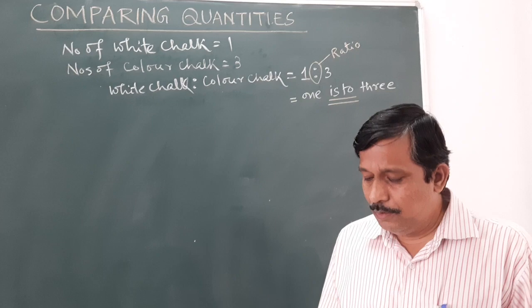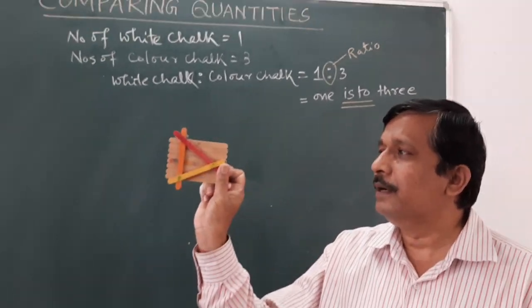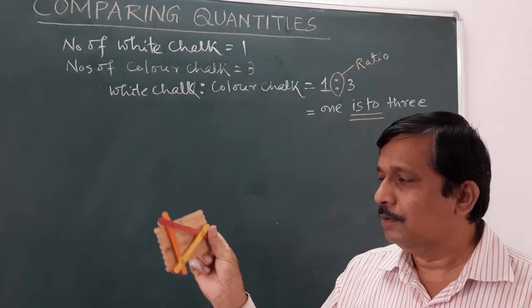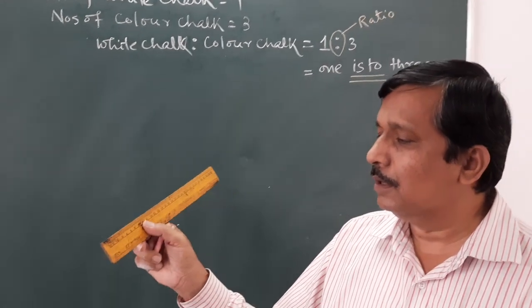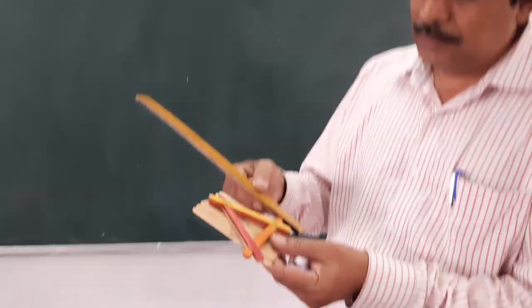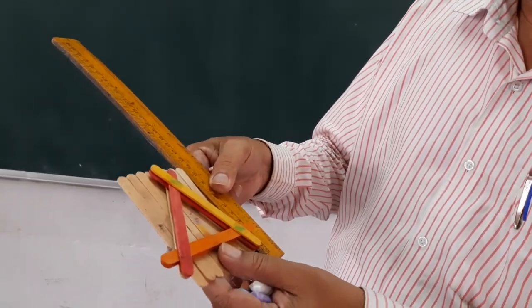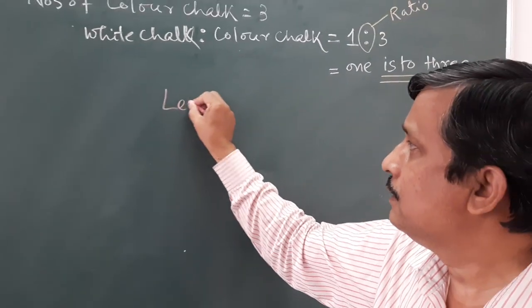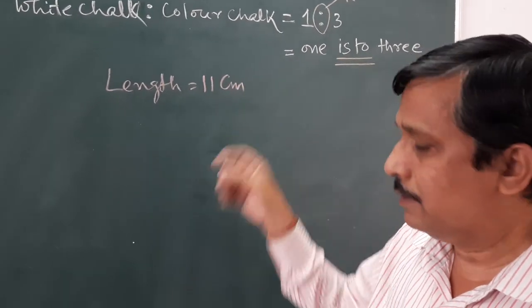Similarly, suppose you want to compare the length and breadth of this figure, of this project. This is the ruler, and I am measuring the length of this figure. Let this length be 11 centimeter. So I am writing here length is equal to 11 centimeter.